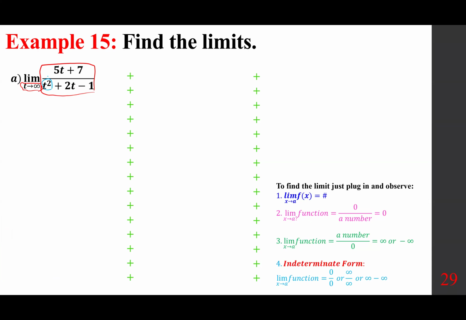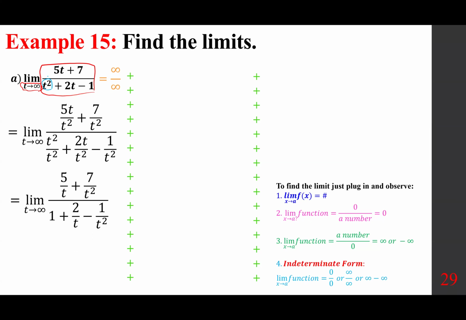So it's t squared. The reason is very simple: if you plug in, you get infinity over infinity. So that's the technique. We divide every term by t squared and simplify. Each of these terms has t or t squared in the denominator, and any number divided by a huge number tends to 0.